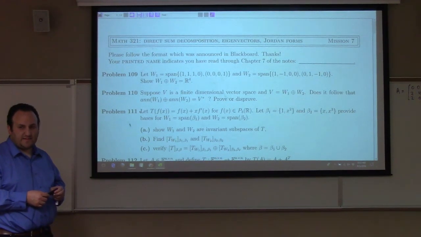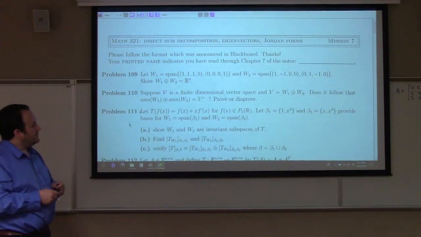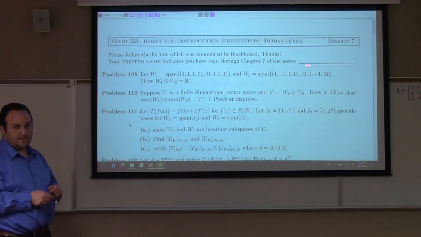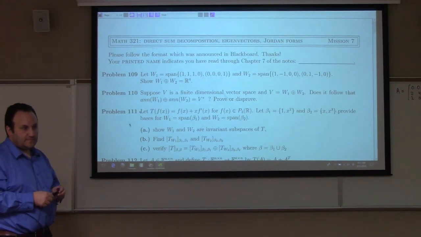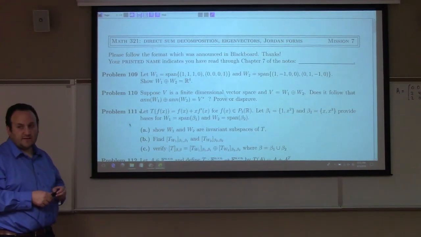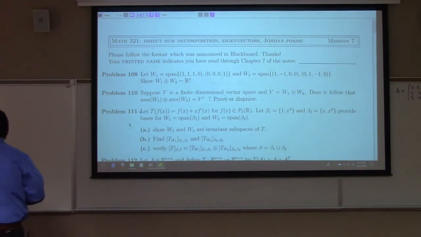That might be the laziest way to do this one, because what's the basis for W1? You're looking at it, right? What's the basis for W2? Again, looking at it. So what does this question really boil down to? The question is, if you put these 4 vectors together, do you get a basis for R4? Because then we can use the equivalence theorem. You know which theorem I'm talking about?